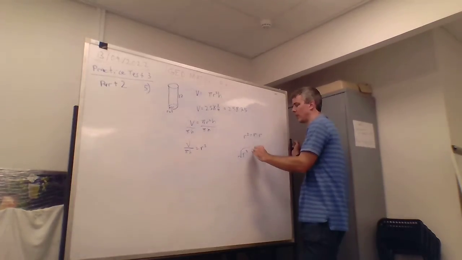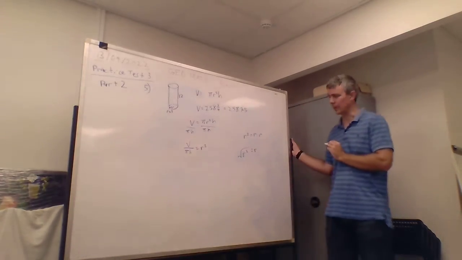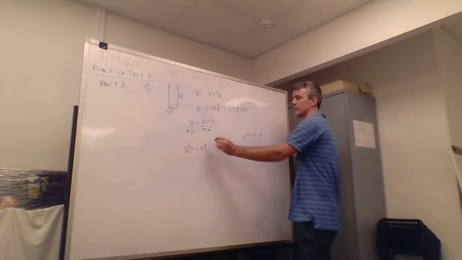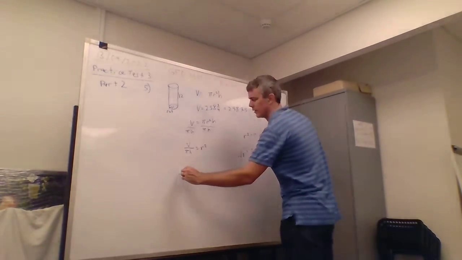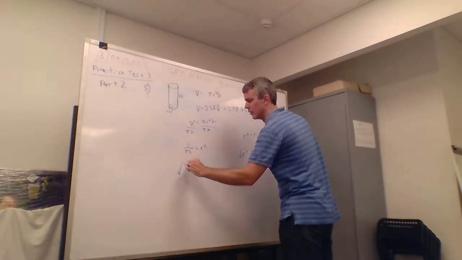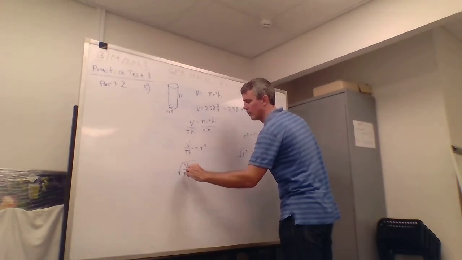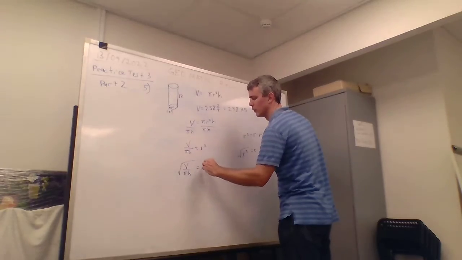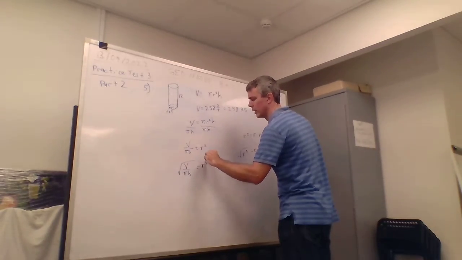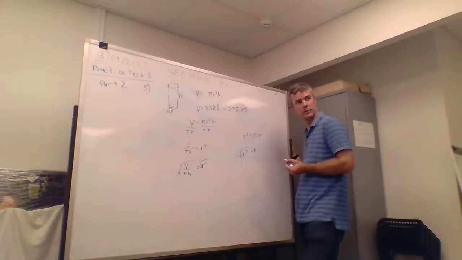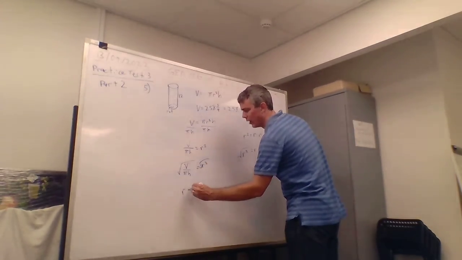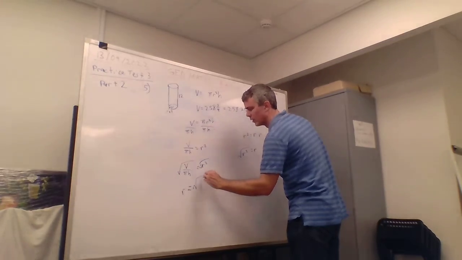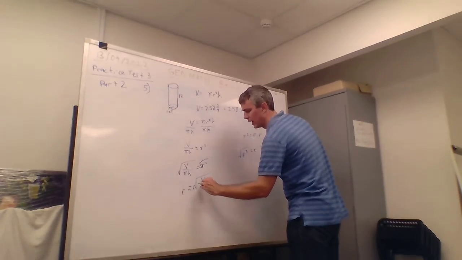The square root of r squared equals r. So we square root this side, and we square root this side. So r equals the square root of V over pi times h.